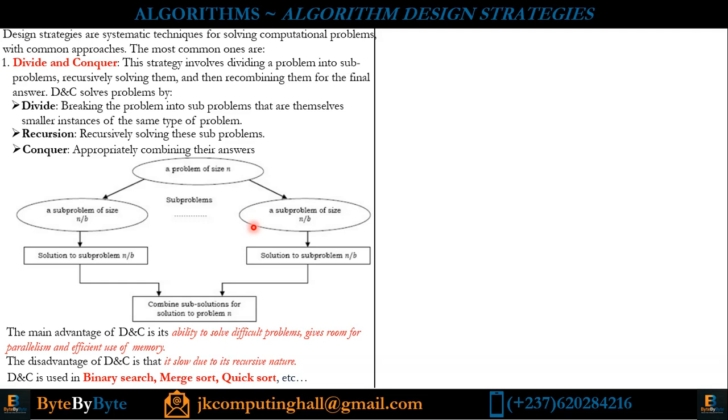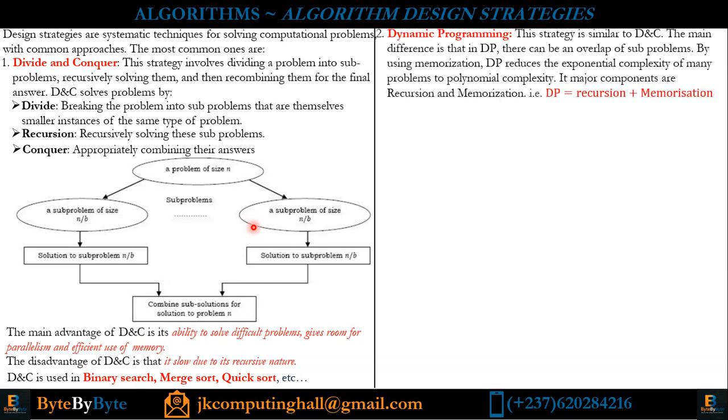Divide and conquer is used in algorithms such as binary search, merge sort, and quicksort. We are going to see all these three in the next lessons, where we shall be talking about sorting and searching algorithms.